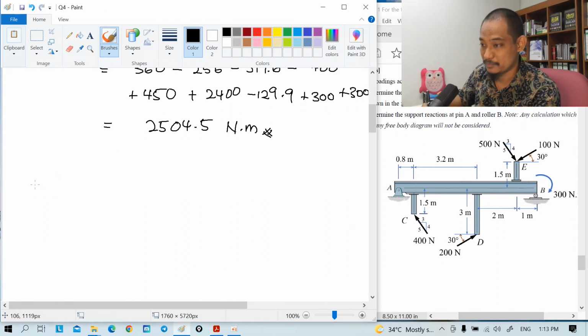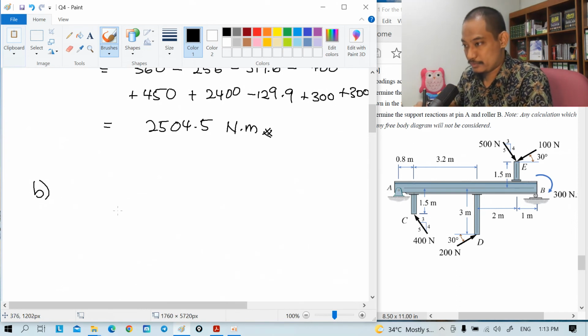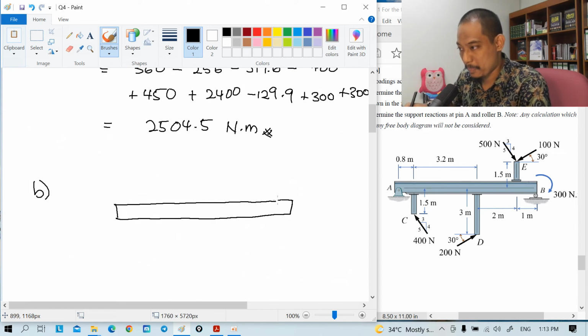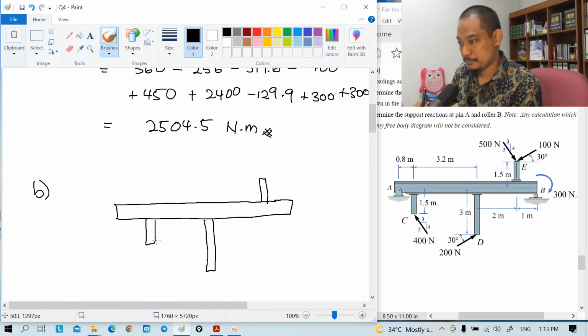So for part B, the free body diagram. We have here the force 400 Newton.